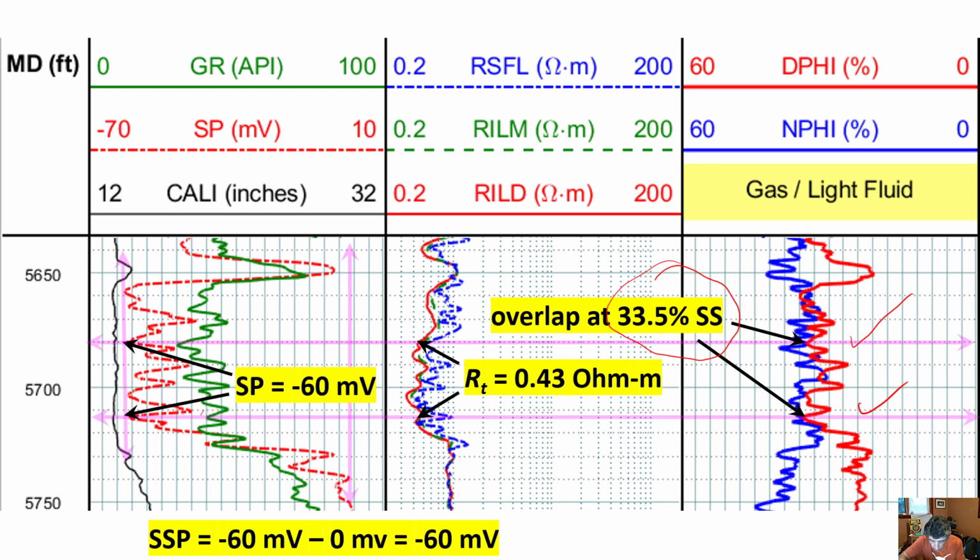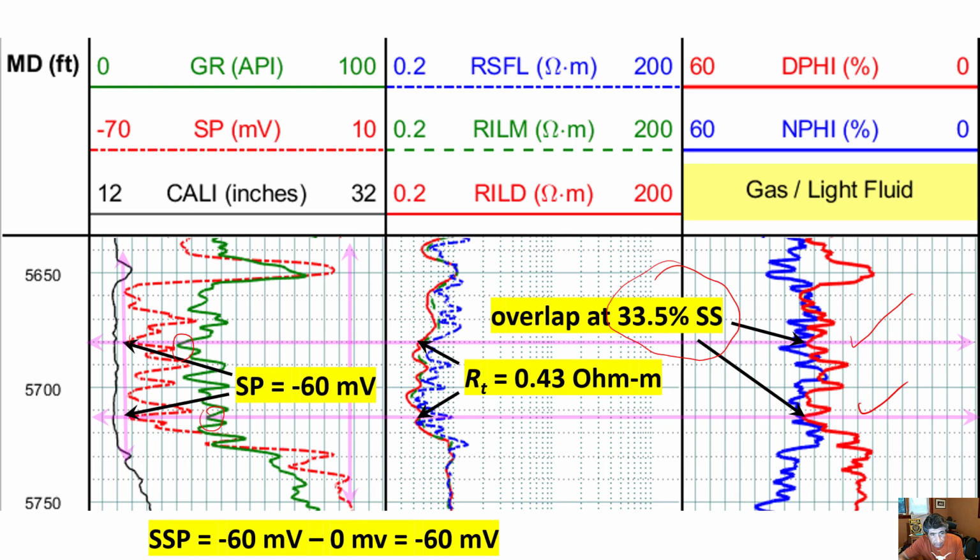Now, those locations are chosen in the following way. We have a local minimum of the gamma ray log. That's important. We don't want to take readings where you have maxima of the gamma ray log because we want to minimize the effect of shales. Second, at those points we have the maximum deflection of the SP log, and those points are the farthest away from the hydrocarbon zone.